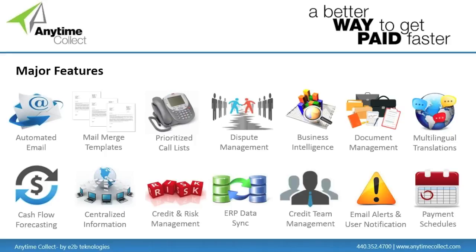You could have alerts that go out to the quality management team or customer service team or shipping team when disputes are identified related to their area of the business. So there's lots of ways to leverage the software to keep everyone informed. And then last but not least, there are payment schedules. If you have customers that need to be put on a payment schedule, you can take an invoice, break it down, and let them make payments on it.